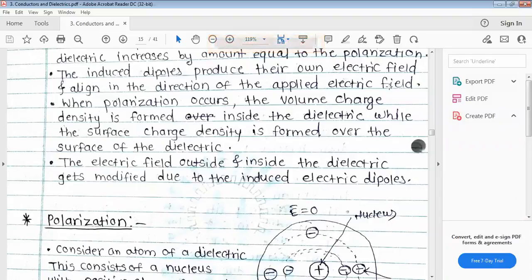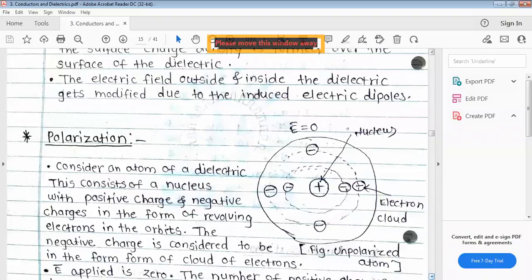Inside the dielectric, it gets modified due to induced electric dipoles. It means all the properties of that material get changed; from non-conducting it now becomes conducting.